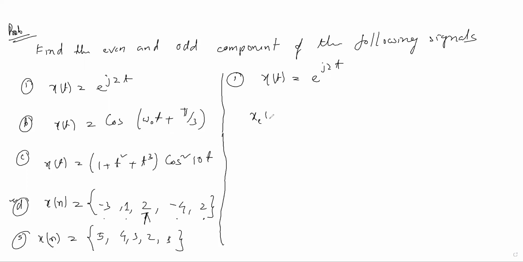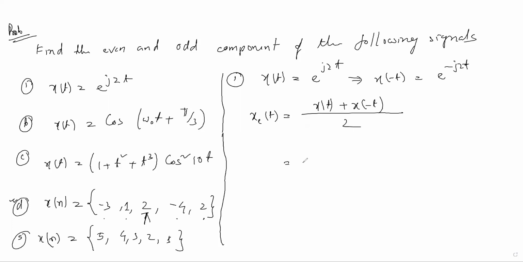The even component is given as x e of t equal to x of t plus x of minus t by 2. For this signal, what will be x of minus t? It will be e to the power minus j twice t.